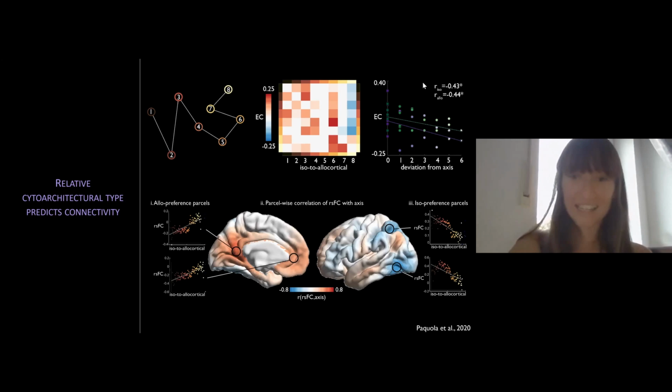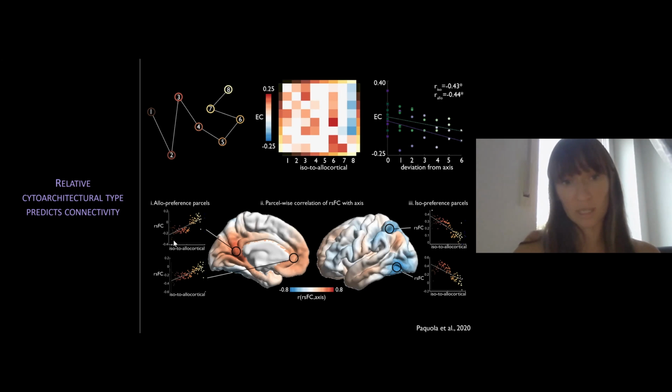And then finally, in another analysis, we sought to expand this scope to large-scale cortical dynamics. We tested whether functional connectivity between isocortical areas of the rest of the cortex with the mesotemporal lobe was associated with the iso-to-allocortical axis. So we find that there are some regions where this is the case.